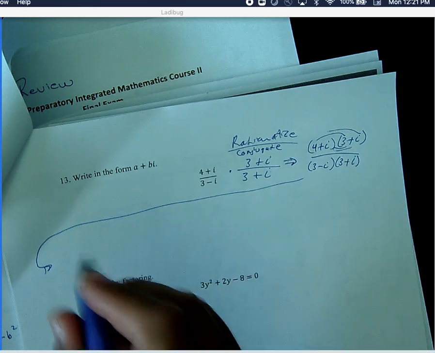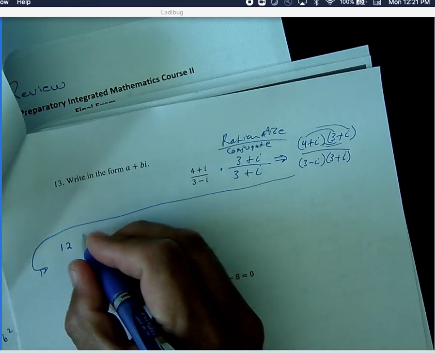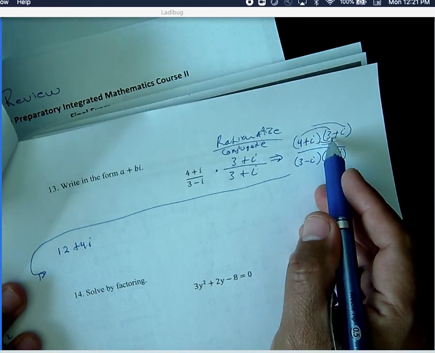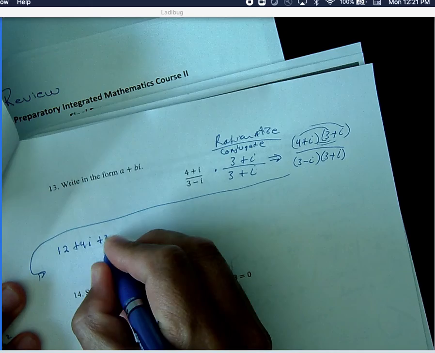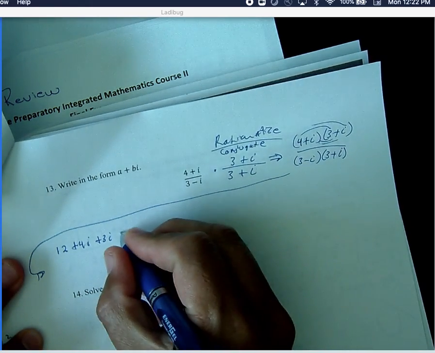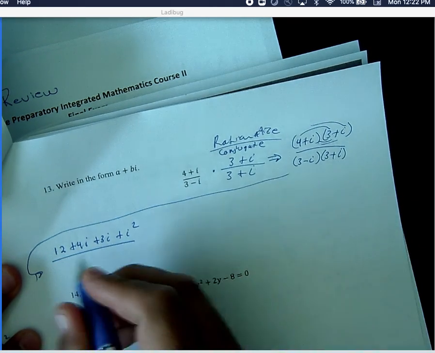So 4 times 3 is 12. 4 times i is just 4i. And then the middle 3i. And then i times i would be plus i squared. Over 3 times 3 is 9.